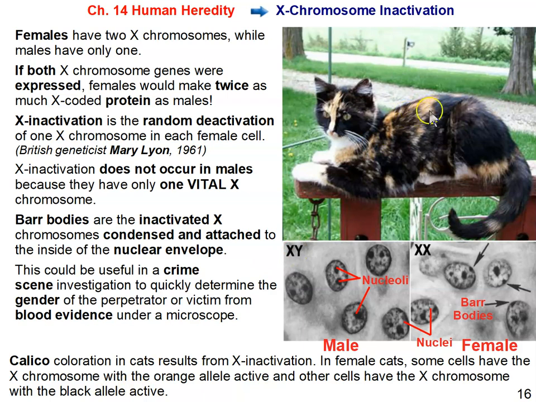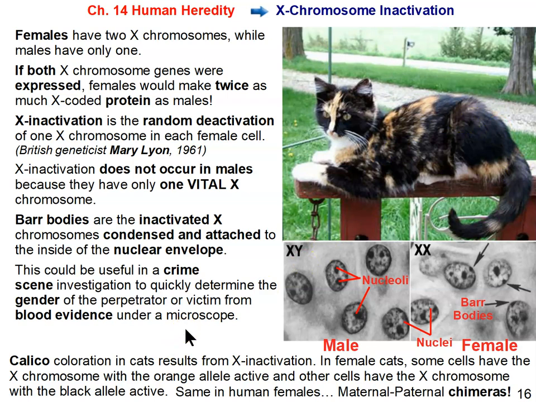So only the orange allele is being expressed in those cells that have that X chromosome with the orange allele, and then the black is coming from cells that only have the X chromosome active that has the black allele. And so you can actually visibly see the result of X inactivation in calico cats.